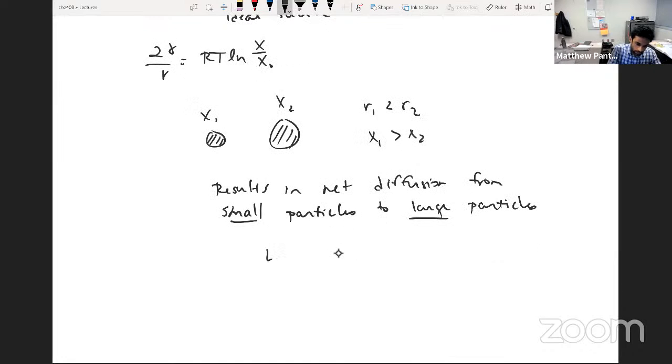So the consequence of this is the small particles disappear, like what we were saying before for the case of small droplets, and are consumed by the large particles.